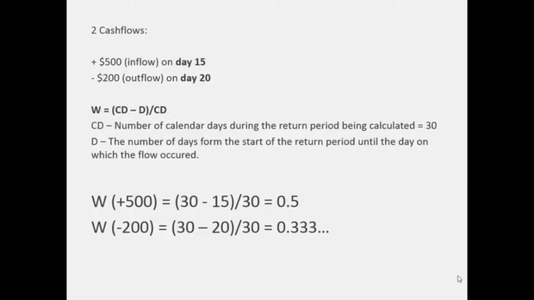This sounds complicated, but it's very easy. In this case, it was day 15 for 500. So as you can see below, we have the W of 500. The weight of 500 was 30 minus 15, divided by 30, which gives us 0.5. And the weight of minus 200 was 30 minus 20, divided by 30, which gives us 0.333.